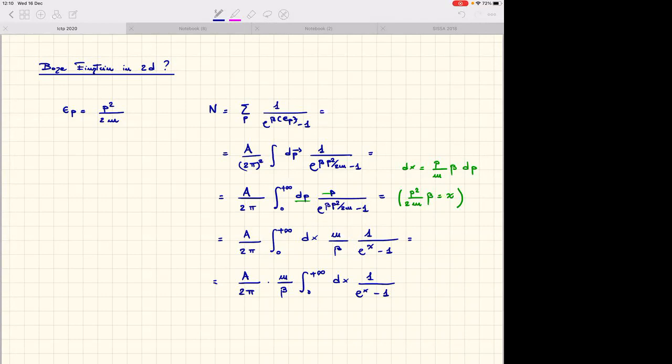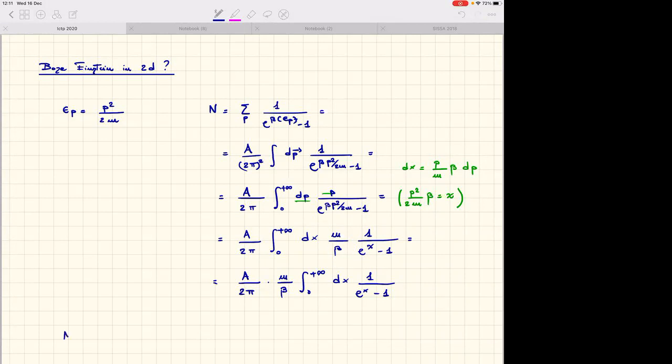All right. So now, what is this? Does this equation have a solution? So what is the temperature for which the chemical potential is equal to 0? Well, beta is equal to 1 over kBT, right?